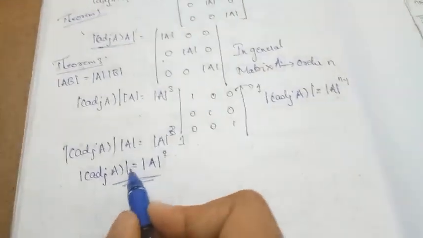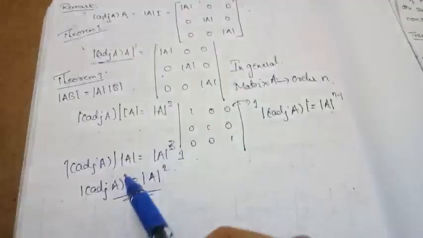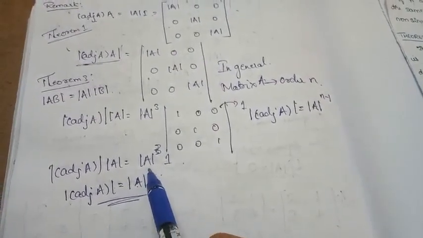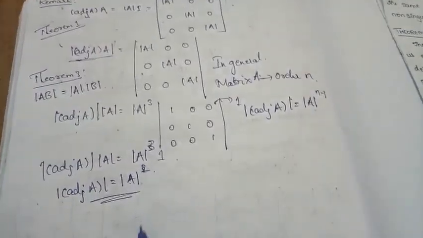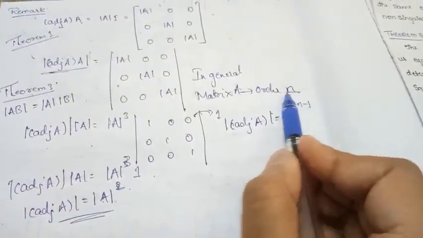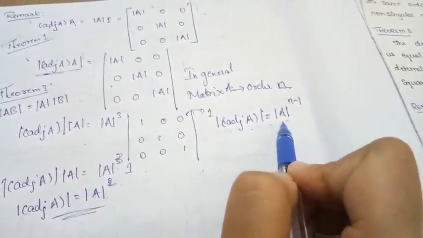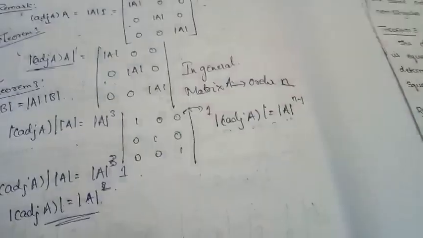Here it was of order 3, so the determinant of matrix A to the power 3 minus 1, that is 2. So if it is of order n, then the determinant of adjoint of A is equal to the determinant of A to the power n minus 1.